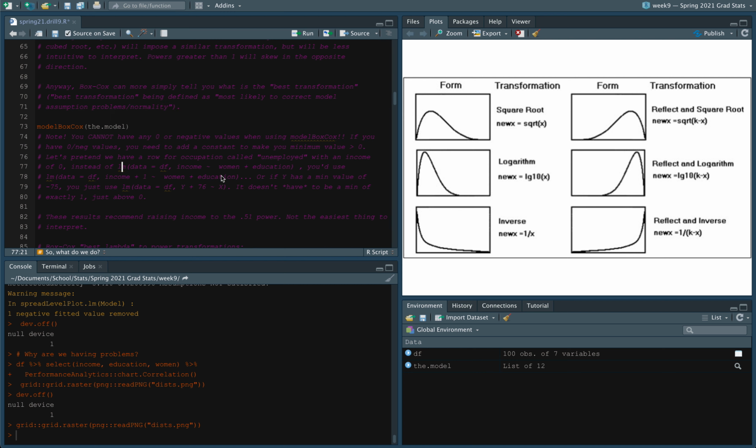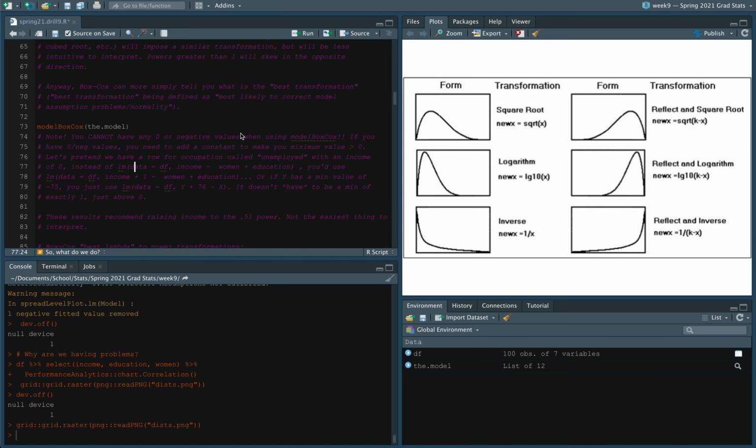If you have zeros or negatives, you have to add some sort of constant to make the minimum greater than 0. So if there was an unemployed person whose income was 0, then we would need to add at least $1, or at least something to make it not 0. And so instead of it being just income regressed on women plus education, it would be income plus 1 regressed on women plus education.